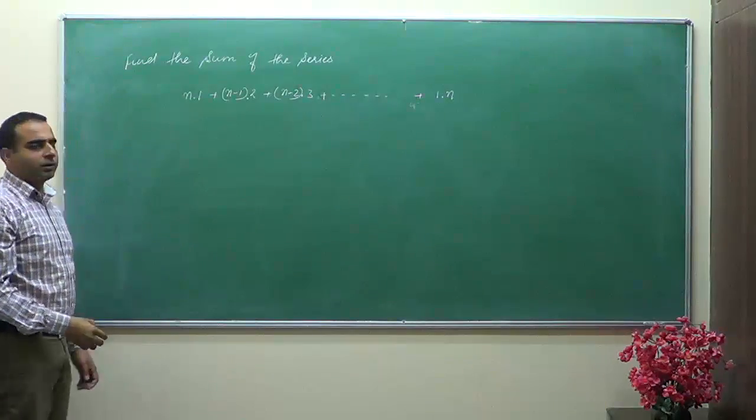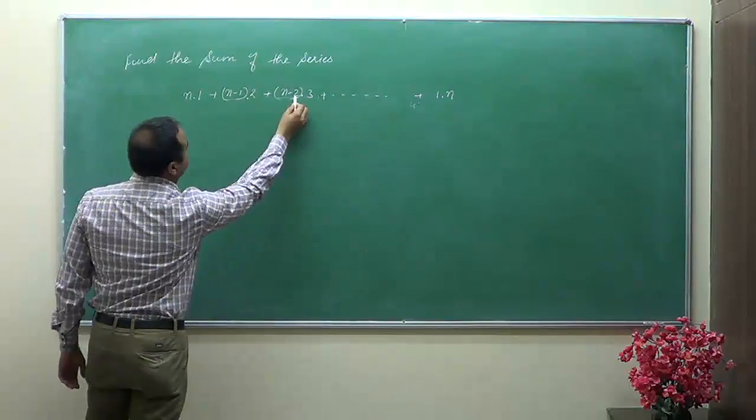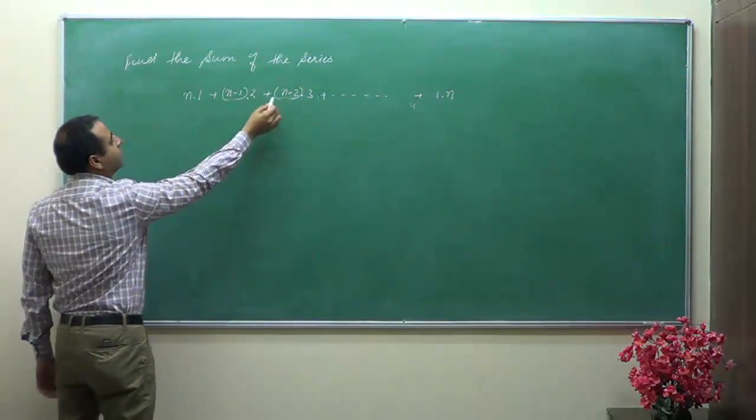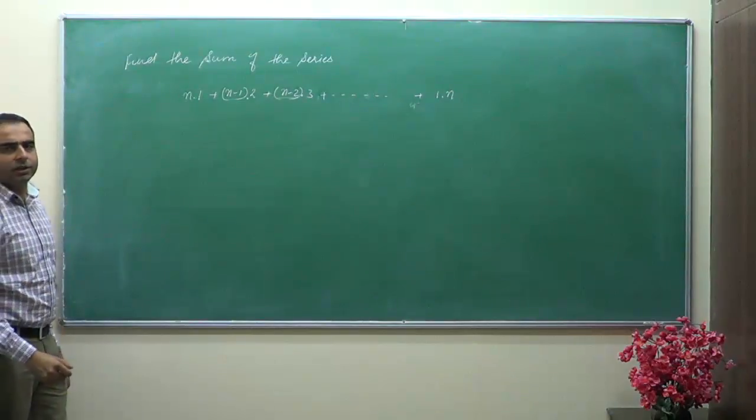Now if we notice this sequence, for the first factors n, n minus 1, n minus 2, this is an AP and it is a decreasing AP.